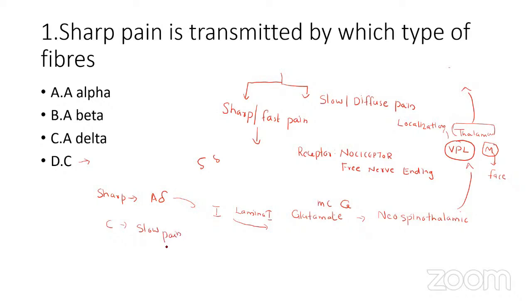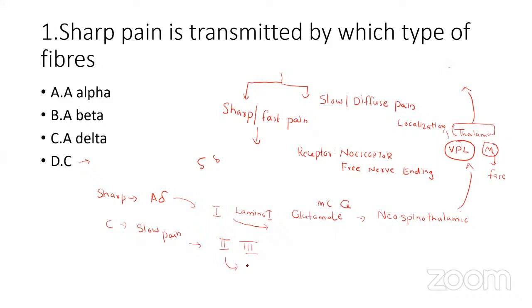Especially these fibers carry pain from the abdomen or any visceral part, which is poorly localized, the diffuse kind of pain, which terminates in two other laminas of the dorsal horn of spinal cord, lamina 2 and 3.